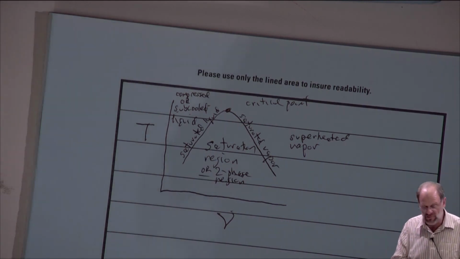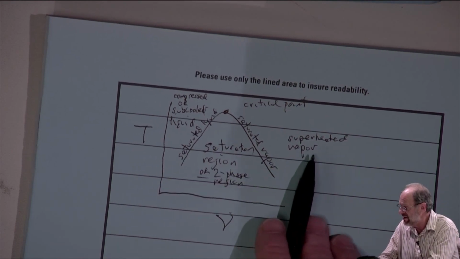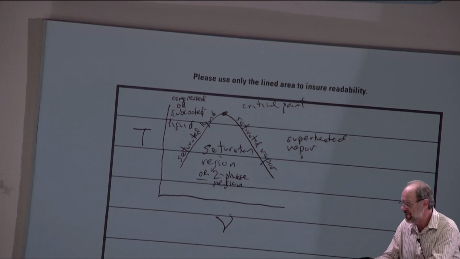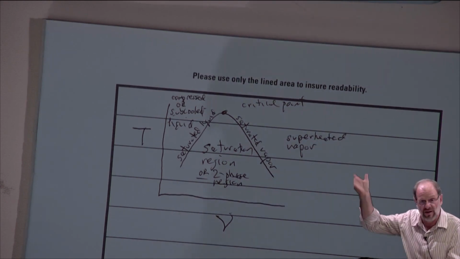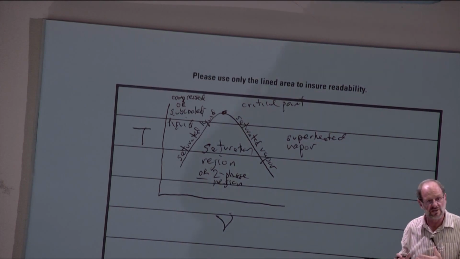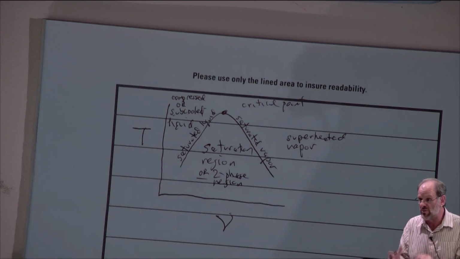Okay. Now, let me make another comment. If we are in the superheated vapor or the compressed liquid region, we're no longer on that vaporization line, right? We're to the left of it, to the right of it. As such, pressure and temperature are independent properties. And if we know both pressure and temperature, then all other properties are known, right? Pressure and temperature are both intensive properties.